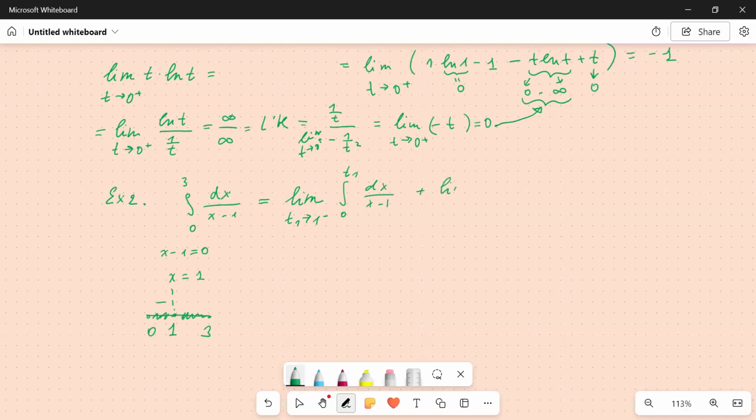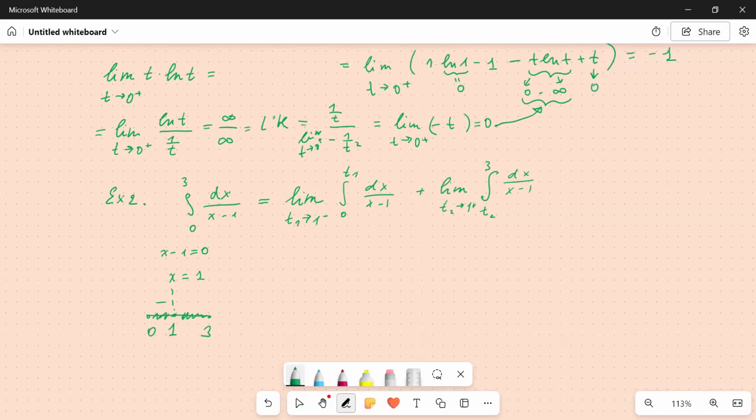And then another limit, integral with t2 going to 1 from the right and ending up at 3. And the integral is dx over x minus 1. t2 goes to 1. Oh, I already wrote it over here. Maybe let me erase it from here. 1 plus t2.